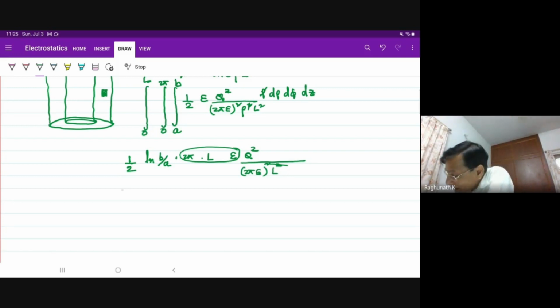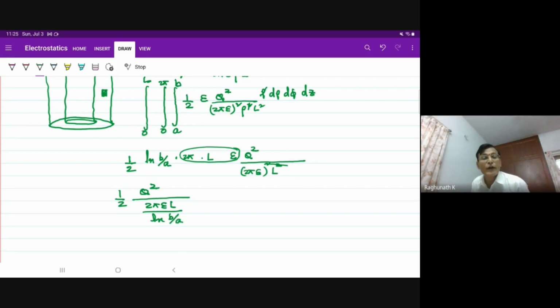I can always write it as half of Q squared by 2 pi epsilon L by ln of B by A. For the cylindrical capacitor of length L and radii A and B, what is this? This is C, which is equal to Q squared by 2C.